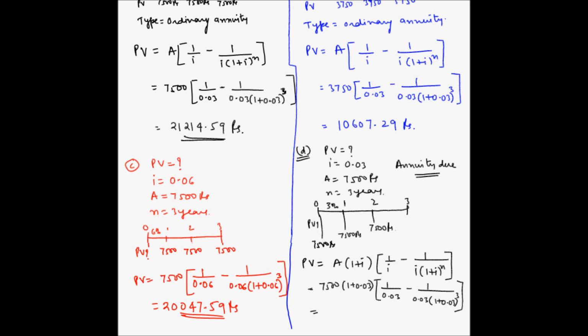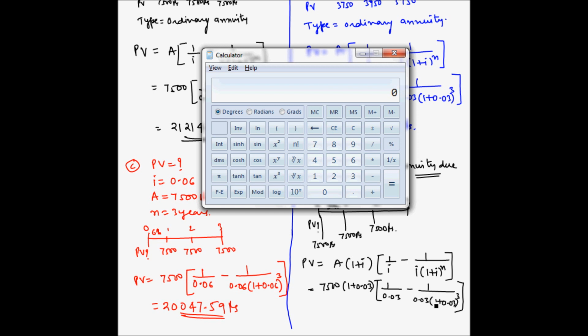So let me pull my calculator here. Let's first calculate this bracket. So 1 plus 0.03 cube, so 1.03 cube multiplied by 0.03, and reciprocal of this, so 1 by x, and this is negative, plus 0.03 reciprocal, this is equal to 2.8286, multiplied by 7500, so 21214.585.